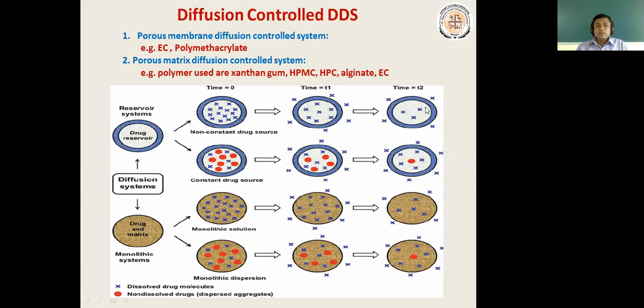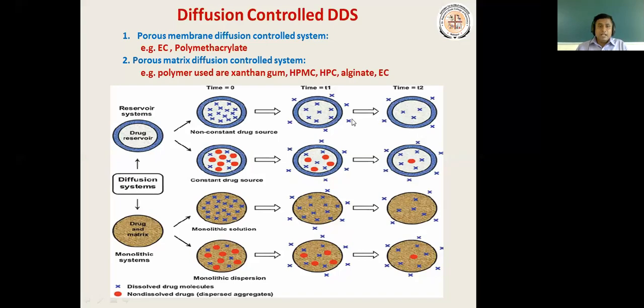So this system gets exhausted. Initially, there is a presence of the drug in the system. After a certain period of time, the drug gets released by diffusion, and after time t2, the drug delivery system is deflated, or there is a reduction in the concentration of the drug, so that the drug diffuses in a slow manner for a prolonged period of time through these porous membrane controlled drug delivery systems.